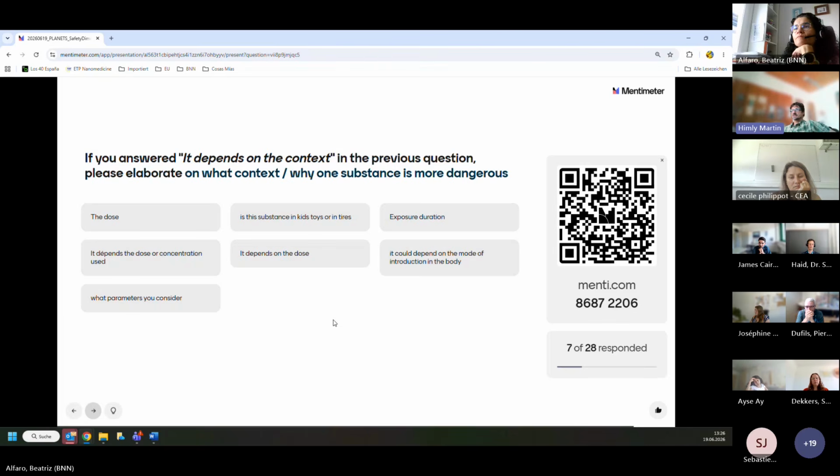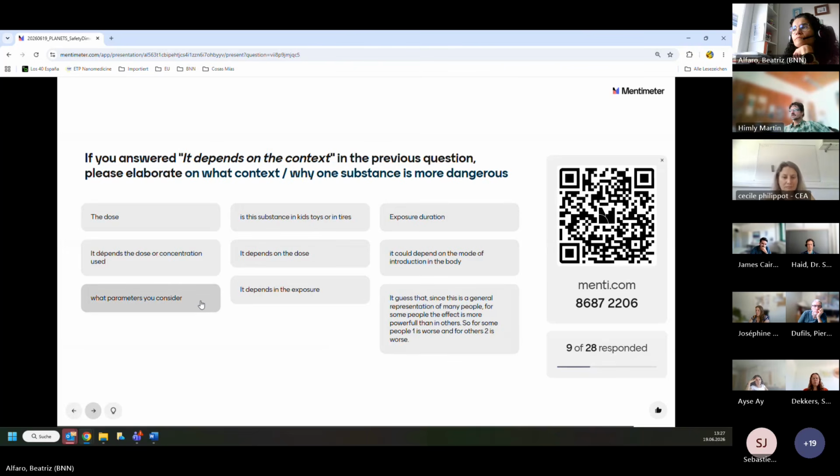Is this substance in kids' toys or tires, which relates a little bit to the exposure? It depends on the exposure. So the time aspect is a very prominent one. Then there is a question of what parameters you consider. This maybe would require further explanation. Maybe somebody wants to chip in here. Who wrote that?